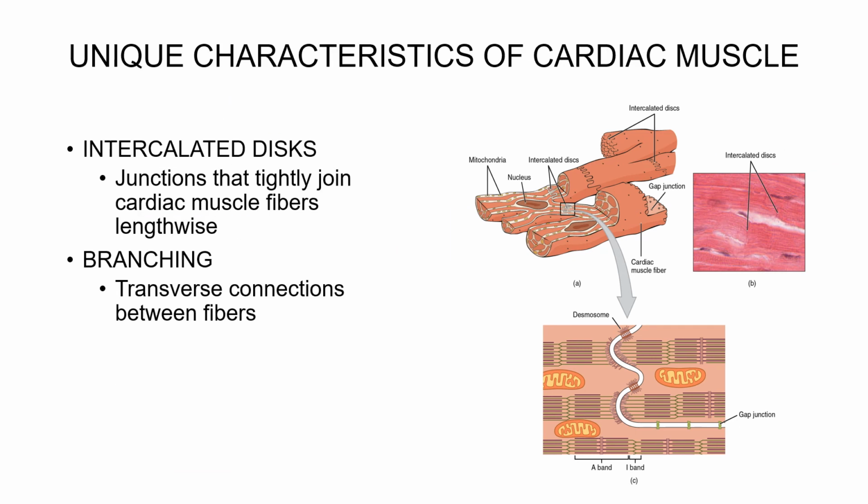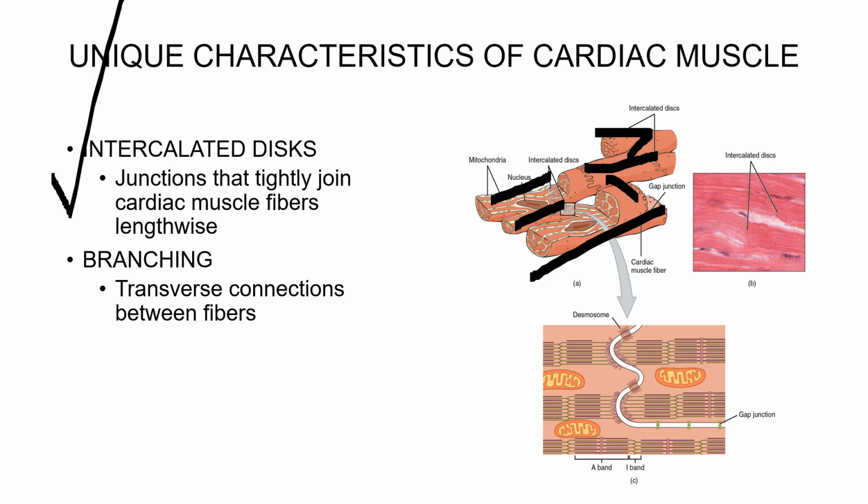I mentioned the branching is a little different compared to the skeletal muscle. Skeletal muscle is really neat and organized, and the cardiac muscle has all these different branches. If you go back a couple slides, you can really see the picture. You can also just take a look at this representation where they branch off of each other. Still connected, but they're just not as neat. And what helps these branched cells communicate very efficiently are something called intercalated discs.